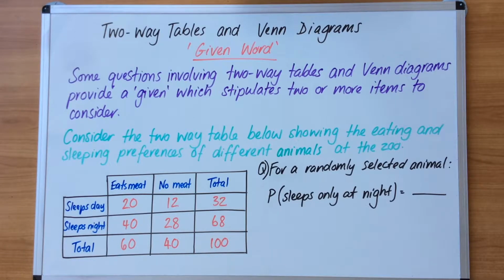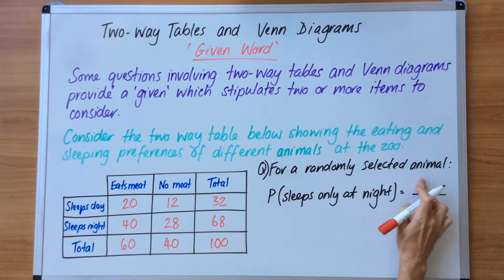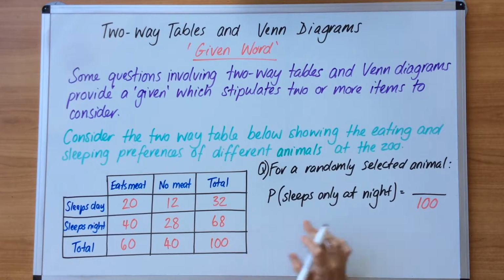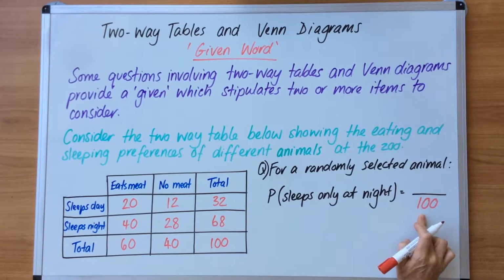So if we are looking at this question and it says, for a randomly selected animal, what's the probability it sleeps only at night? Now, this is a random animal, and therefore it is out of 100. So out of the entire population of 100, 100 will sit on the bottom here.